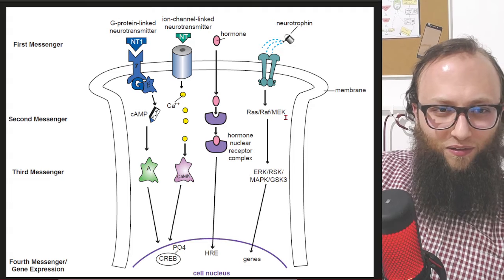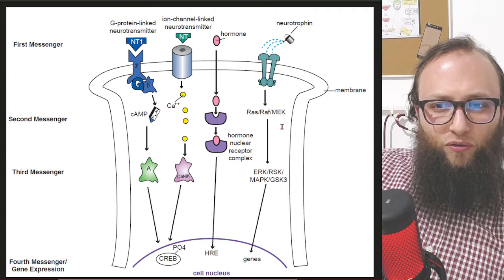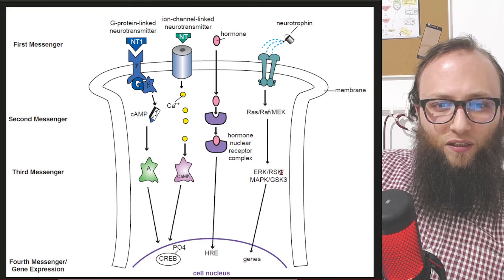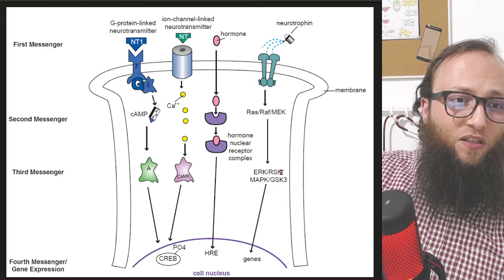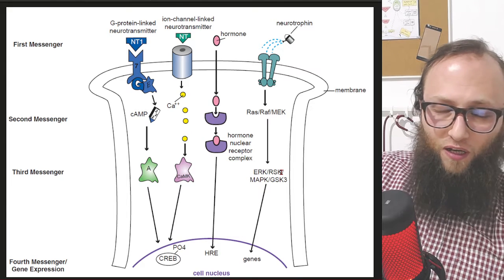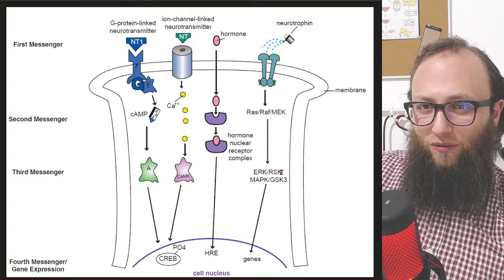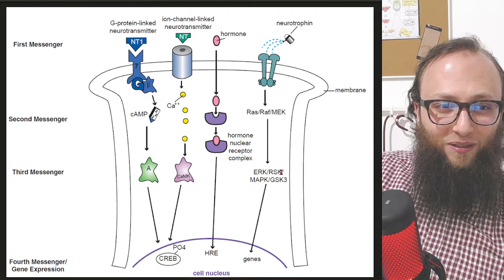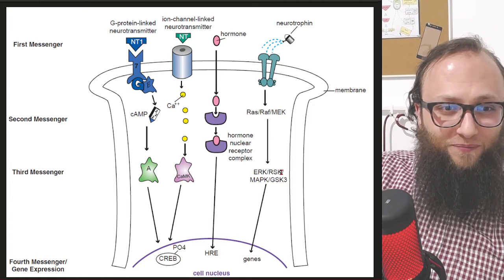That would trigger at the end gene expression, which may control such functions as synaptogenesis and neuronal survival, because that's what the neurotrophin is about. It's about the survival of neurons. That's the point here.